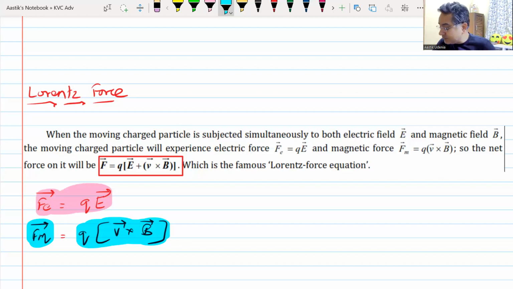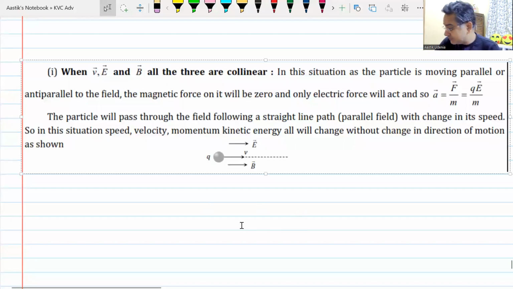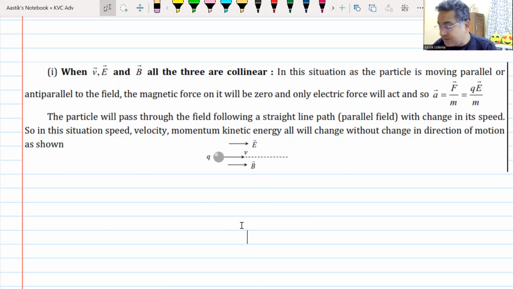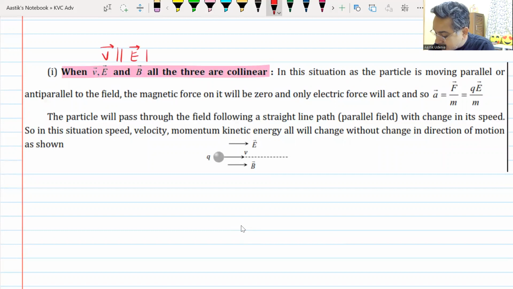Case number 1: E, V and B are collinear. I mean, they are parallel to each other. V, velocity, is parallel to the electric field, is parallel to the magnetic field.